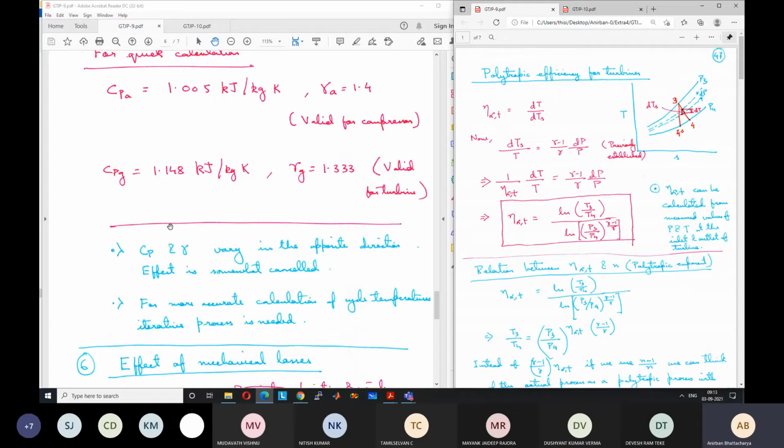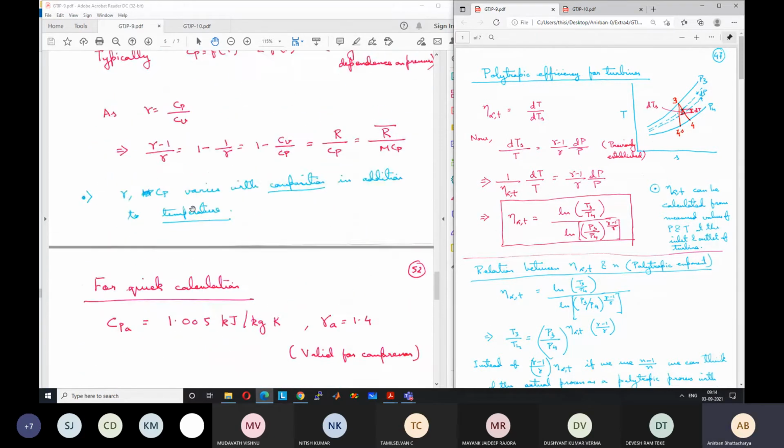Then for this new temperature, we have to iteratively calculate the new value of Cp and gamma, and use it again for calculating the temperature. It goes on as an iterative process until convergence. Obviously, that is beyond the scope of this course. But if you do actual design work in any of the organizations, then you will need to write programs or use in-house tools to do this type of calculation.